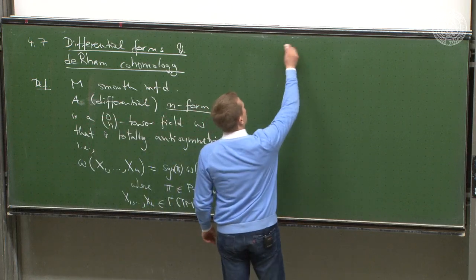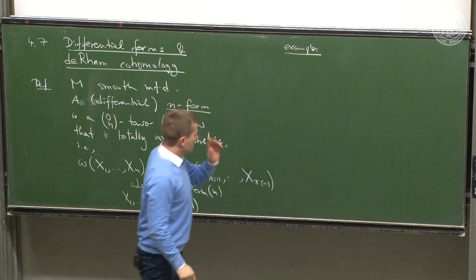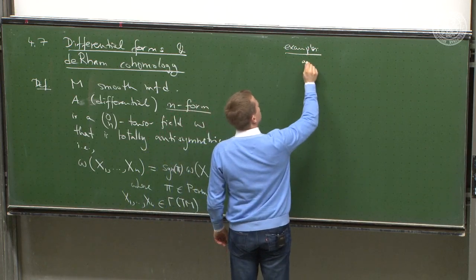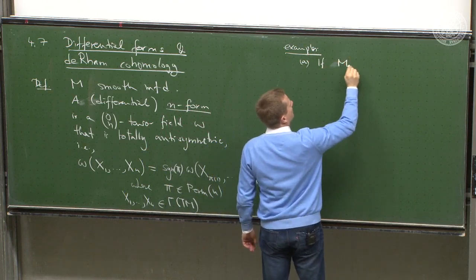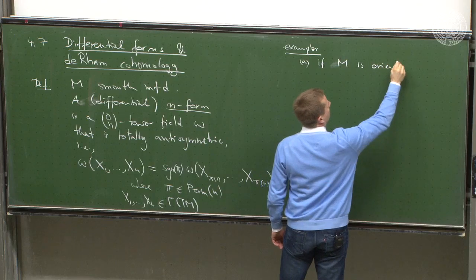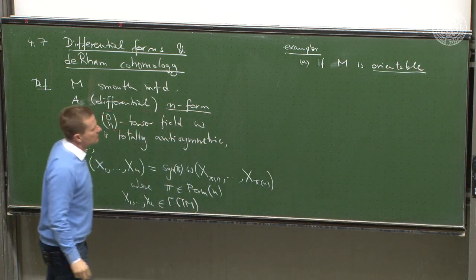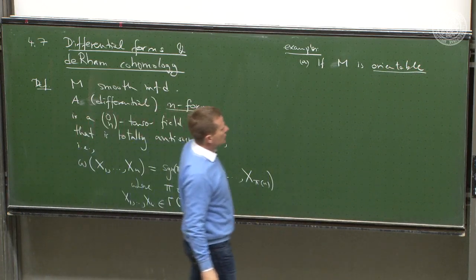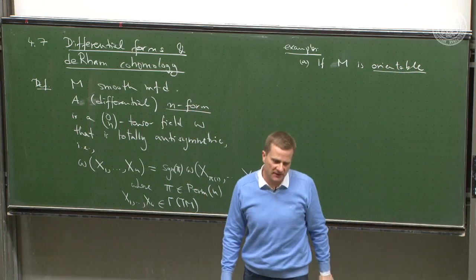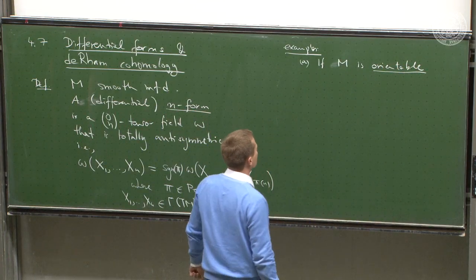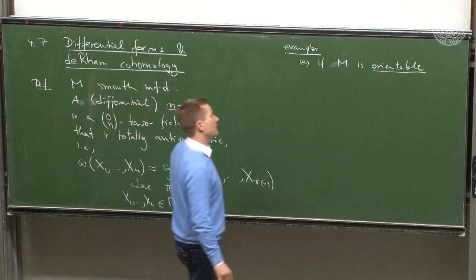Okay, so examples. A: I think we saw n-forms before, because if a smooth manifold M is orientable. Now, what is orientable? Orientable means that you can make a certain pick of charts, so you can restrict an atlas in a certain way, such that the transition functions behave in a certain way.